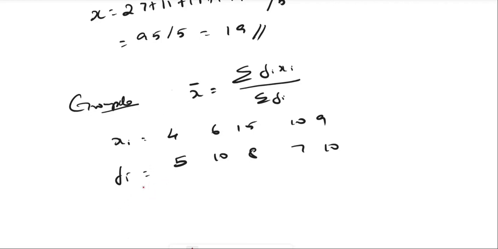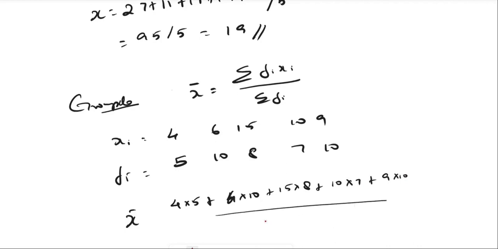So to calculate the mean value, we specify 4 into 5 plus 6 into 10 plus 15 into 8 plus 10 into 7 plus 9 into 10. And of course we have the summation of frequencies as 5 plus 10 plus 8 plus 7 plus 10 again.